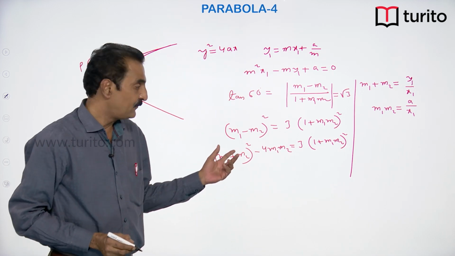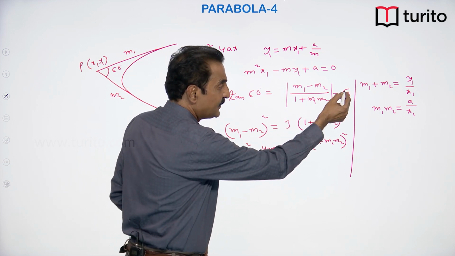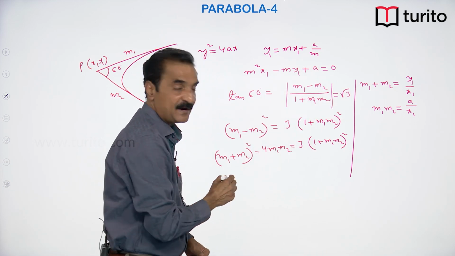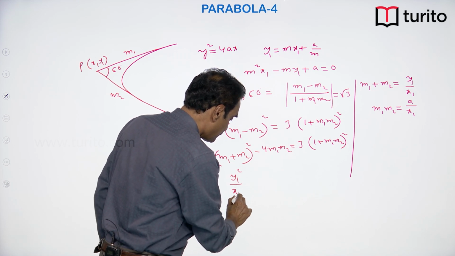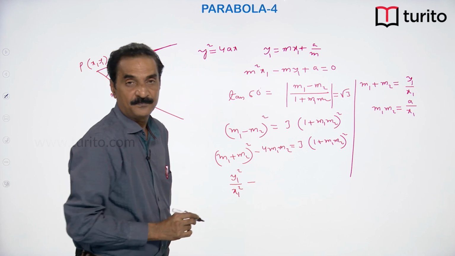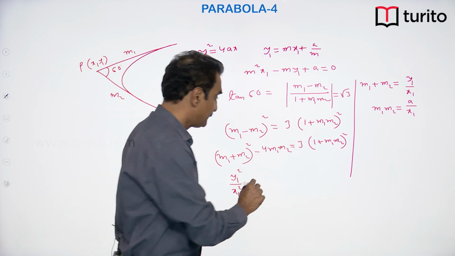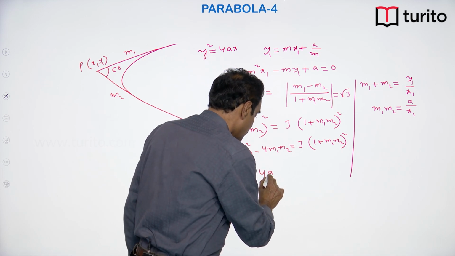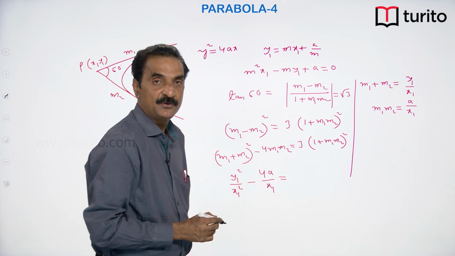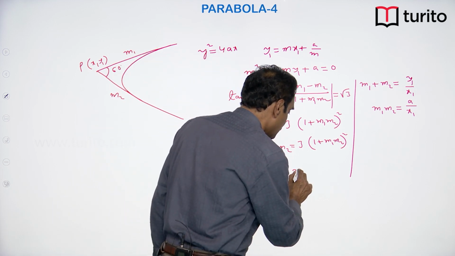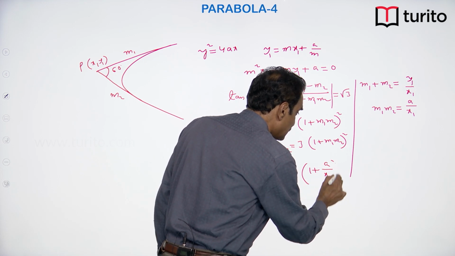Then substitute m1 plus m2 and m1 m2. m1 plus m2 whole square is y1 square by x1 square, minus 4 into m1 m2, which is 4 into a by x1, equals 3 into 1 plus a by x1 whole square.